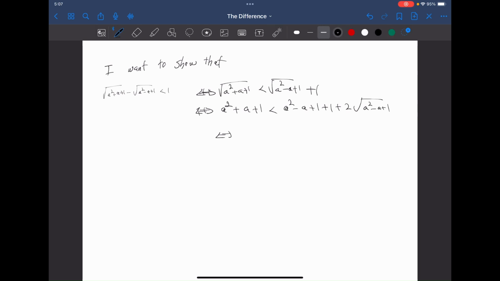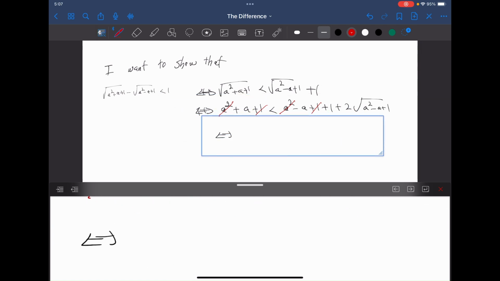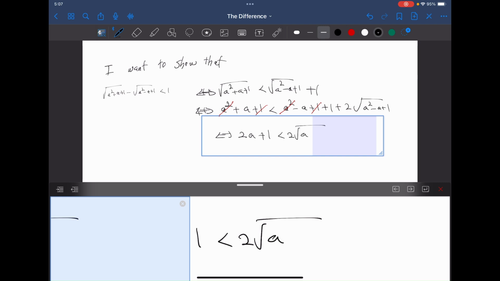Let me actually do this. This would go with this. This would go with this. And I'm left with 2a plus 1 is less than 2 root of a squared minus a plus 1.